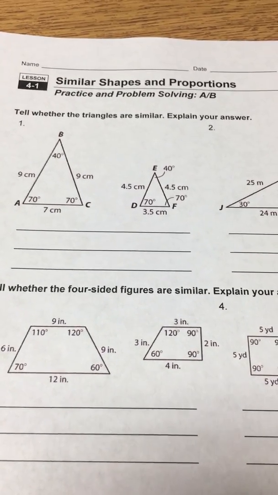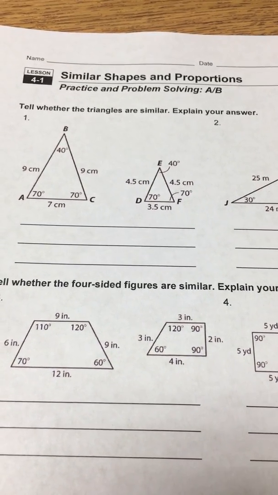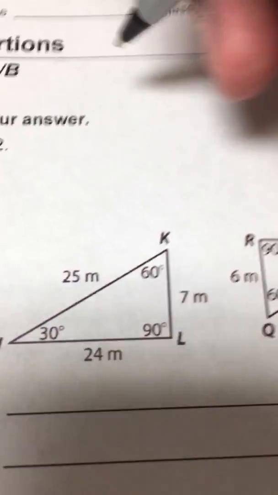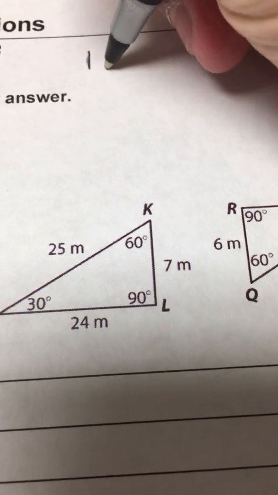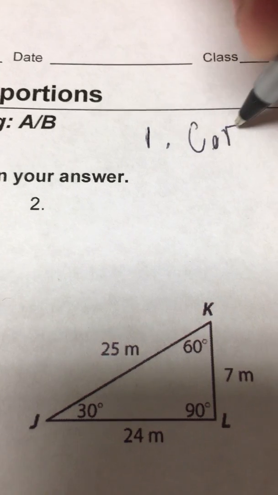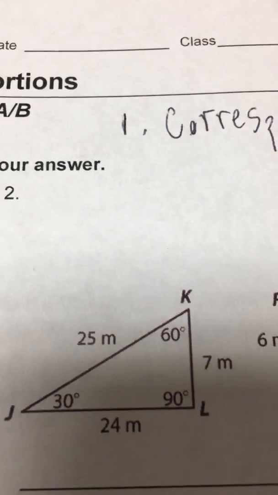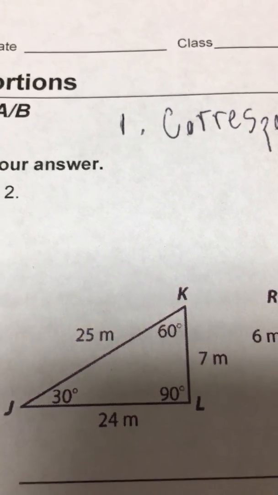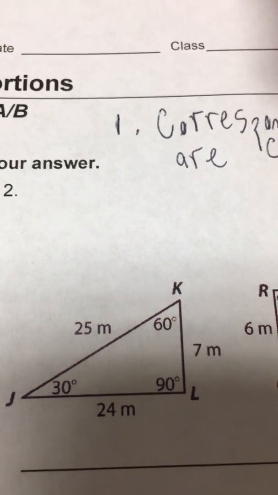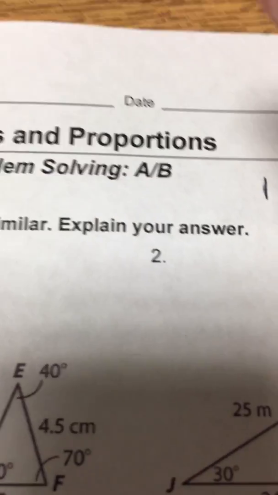Question 1 asks, tell whether the triangles are similar and explain your answer. We know that similar figures need to have 2 main characteristics. The first characteristic is that corresponding angles are congruent.